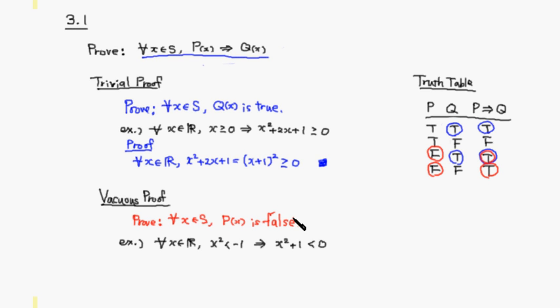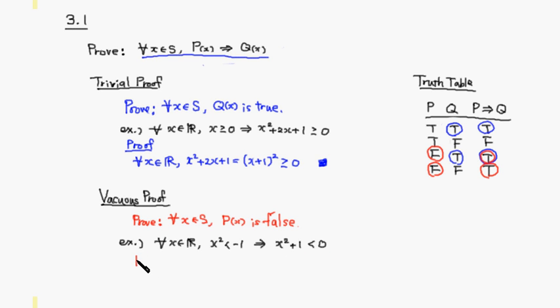So let's do that. Here's an example. It says that for all real numbers x, if x squared is less than -1, then x squared plus 1 is less than 0. This is actually a true statement. So let's try to show that.